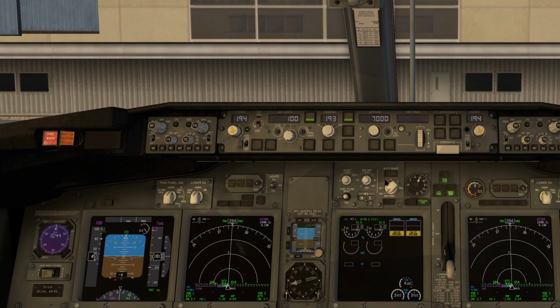So, auto brakes, rejected takeoff, flaps 5 are set, local QNH 0985 in accordance with the airport elevation. FMC is programmed.